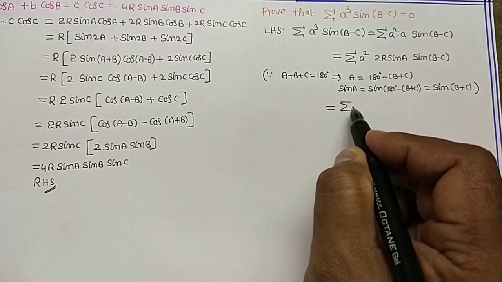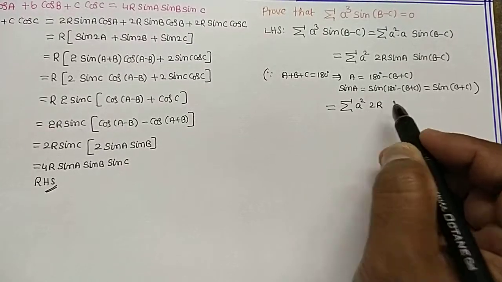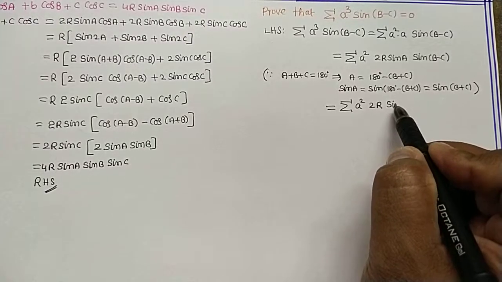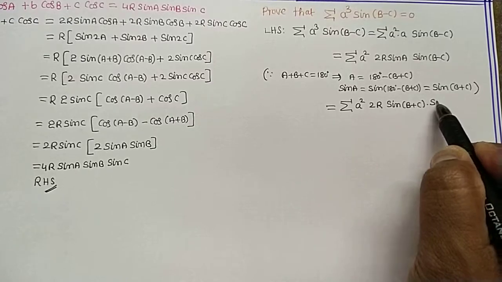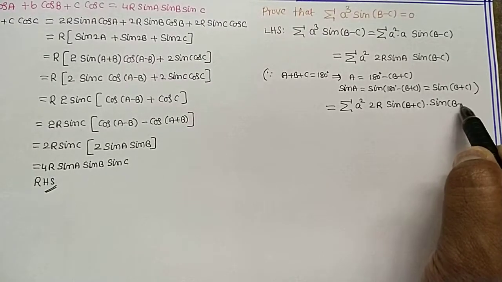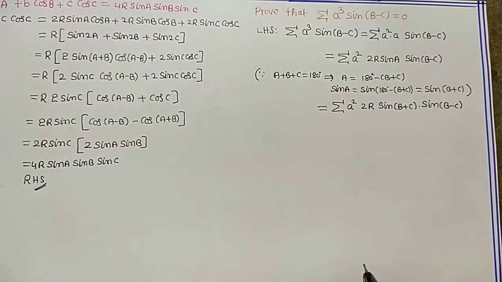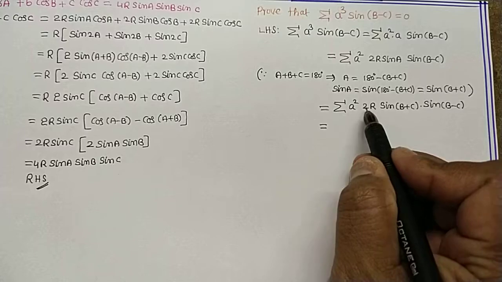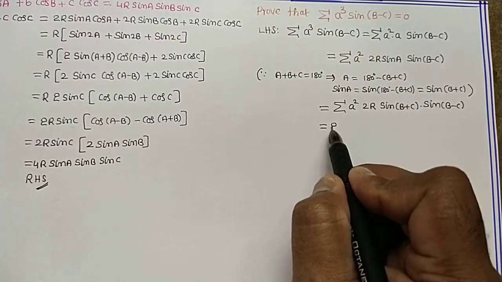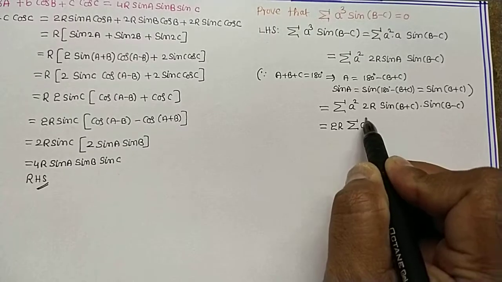which is equal to sigma a square into 2r in place of sine A, sine of B plus C into sine of B minus C. Which is equal to, here 2 and R is constant, we can take outside, sigma A square.